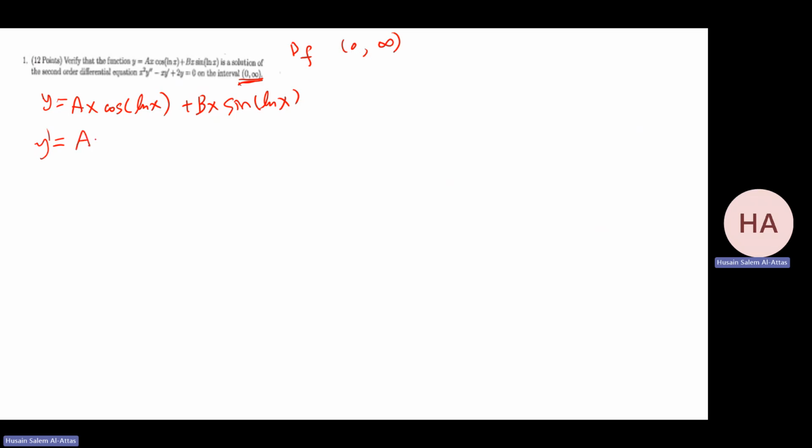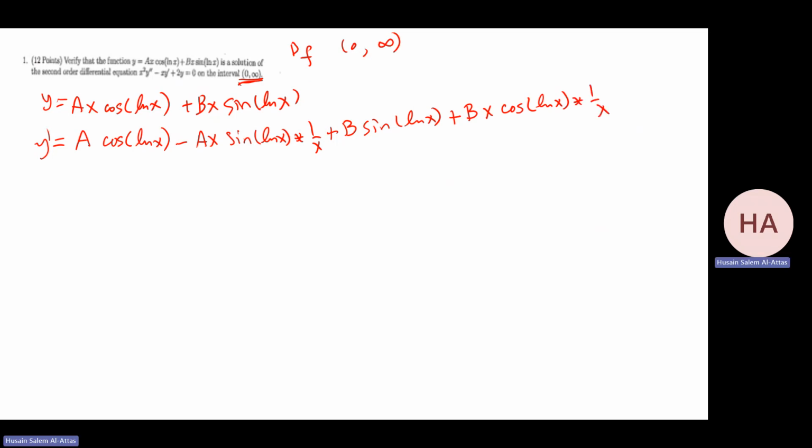Product rule: a cosine of ln x plus ax times minus sine ln x times 1 over x, plus b sine ln x plus bx cosine ln x times 1 over x.